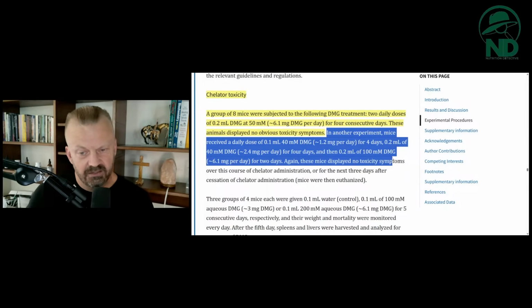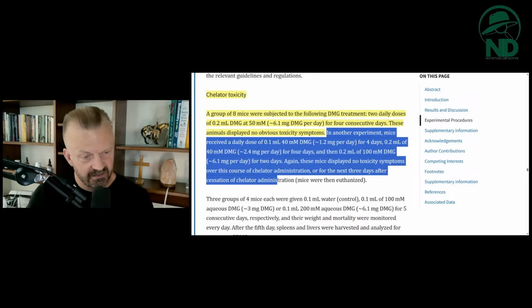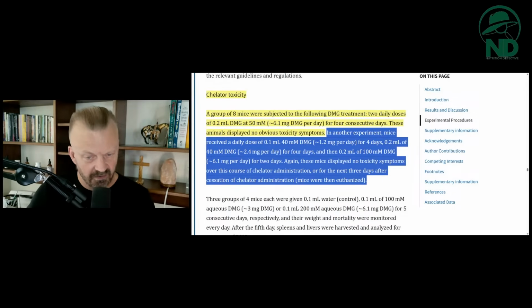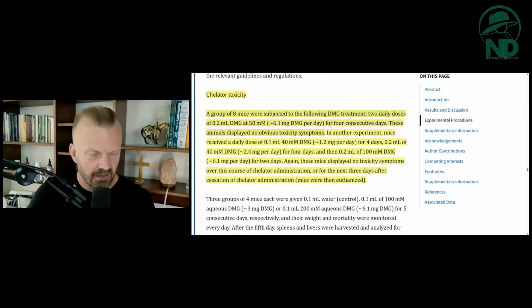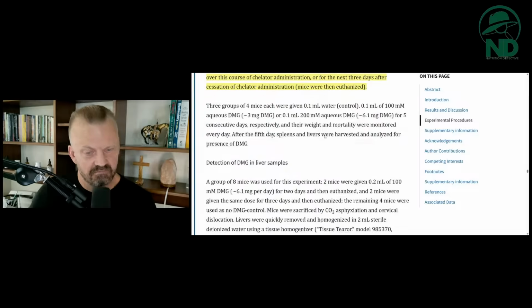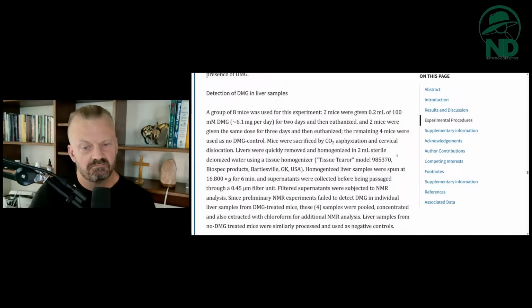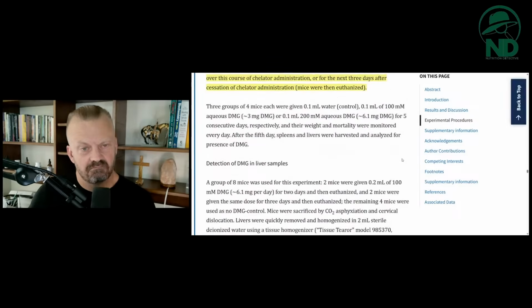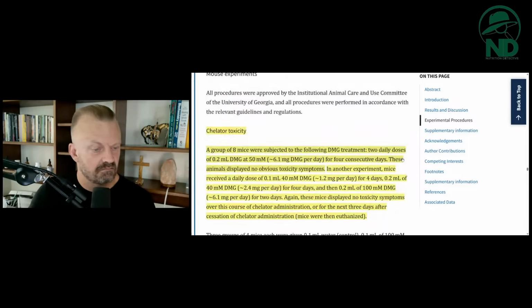Again, these mice displayed no toxicity symptoms over the course of chelator administration or for the next 3 days after cessation. After they stopped the chelator administration, mice were then euthanized. So they had a little problem after that, but that was because the researchers killed them. I just thought I'd point that out. That the mice were fine.